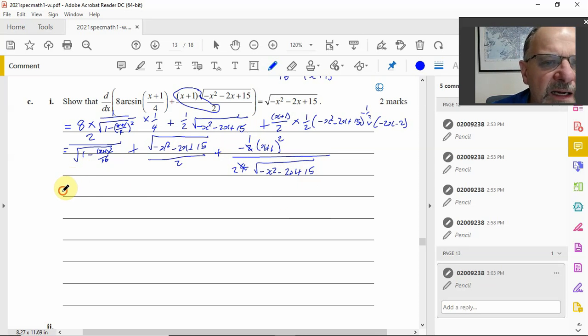So next, in here I'll leave that 2, but if I create a common denominator of 16, then I get 16 minus (x plus 1) squared.